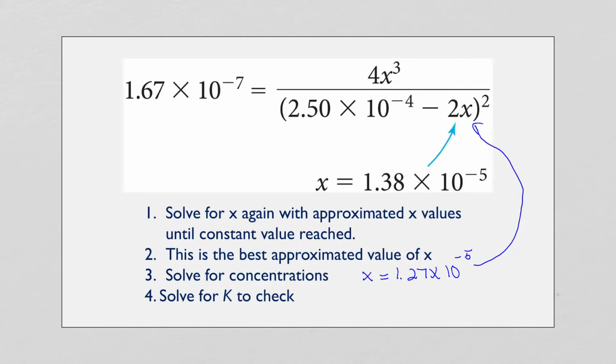So your second successive approximation, you plug the 1.27 times 10 to the negative fifth in there, and it turns out you should come up with about 1.28 times 10 to the negative fifth. And so at this point, we can say we've reached a constant value for x. And so this is the best value we're going to get in terms of approximation. And this is the value then that we can carry forward to solve for our equilibrium concentrations.